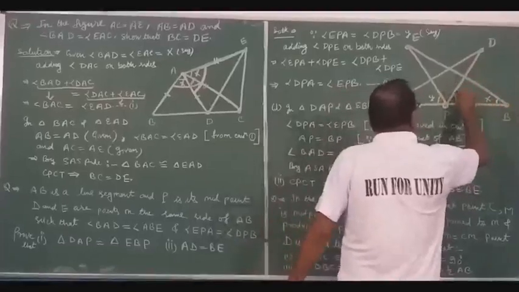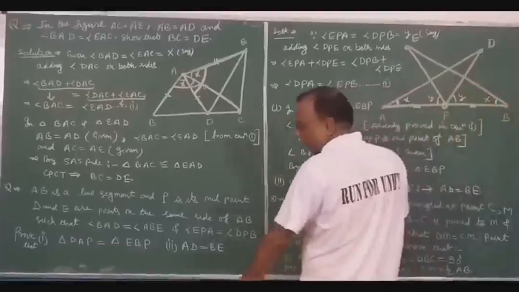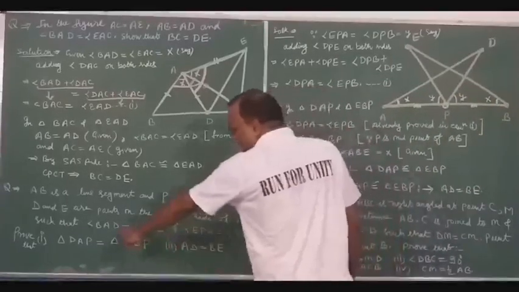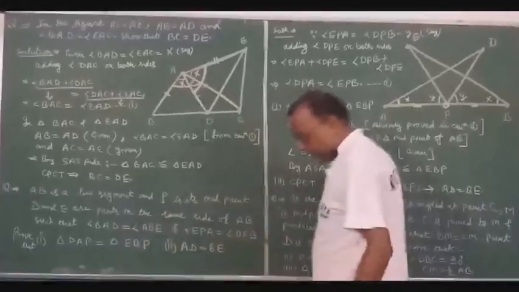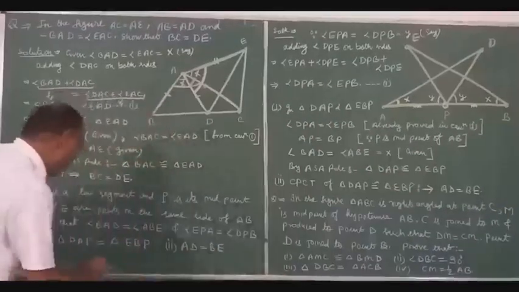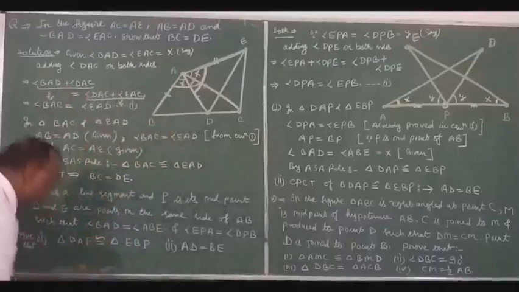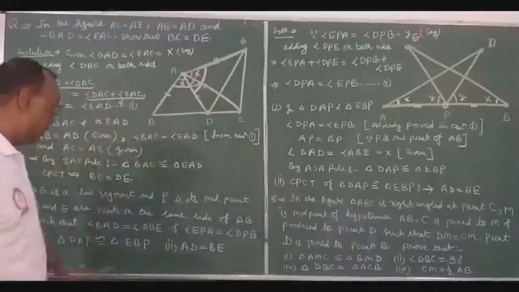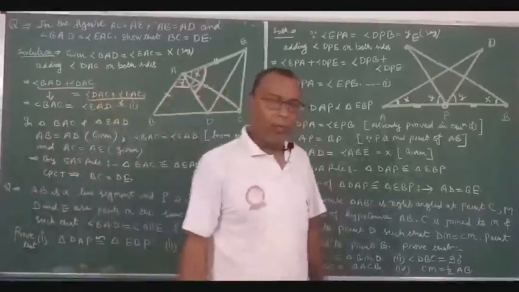These two angles are equal, let them be equal to Y. To prove that triangle DAP is congruent to triangle EBP, and AD is equal to BE.